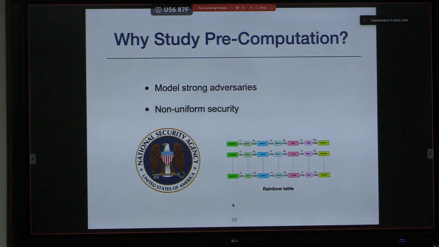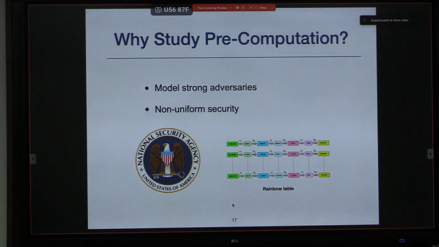This pre-computation says there exist adversaries in the real world that first try to learn something about the function. They make a lot of queries, store some of that information in their memory, and then query the function again and try to do better attacks. This is something that happens even in algorithms.